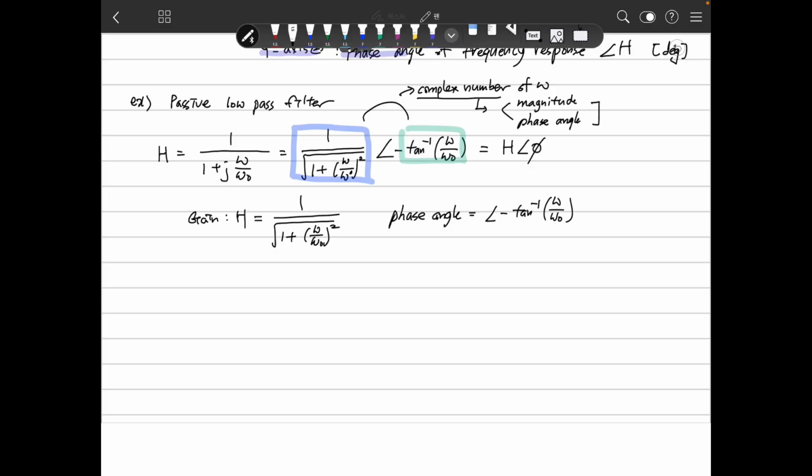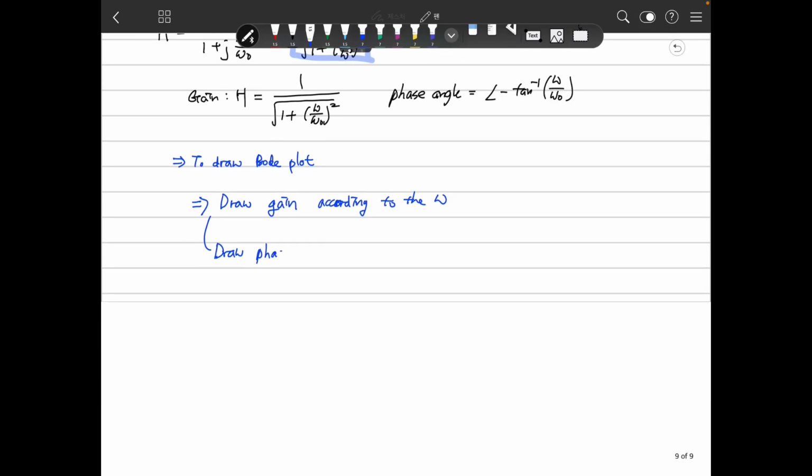So if you want to draw the Bode plot, that means draw the gain according to omega, and also we need to draw the phase angle according to omega.